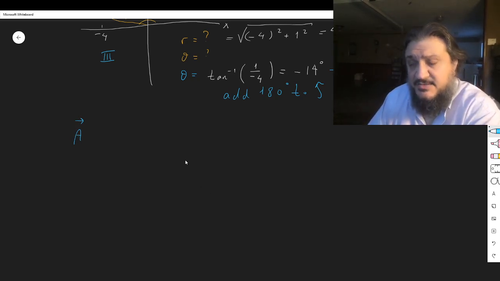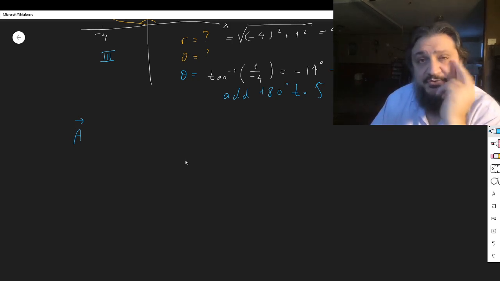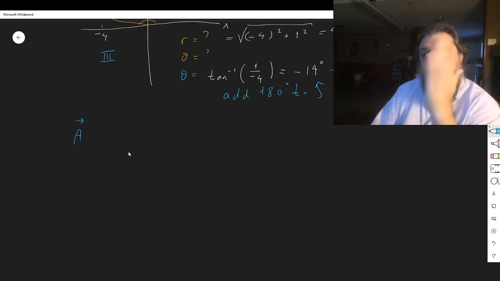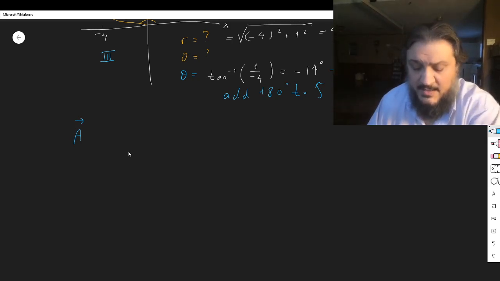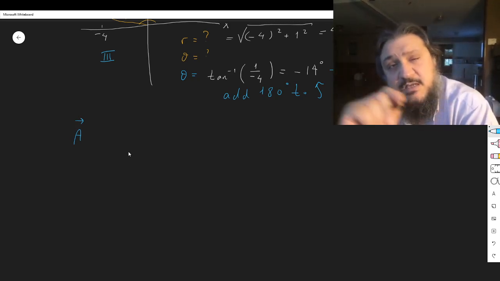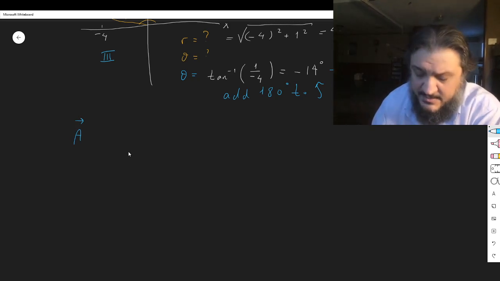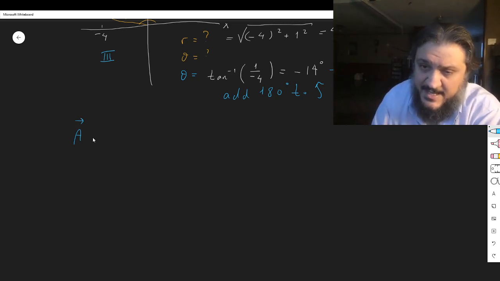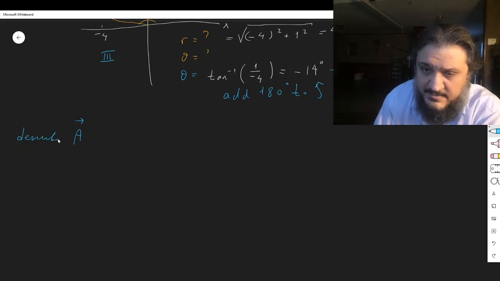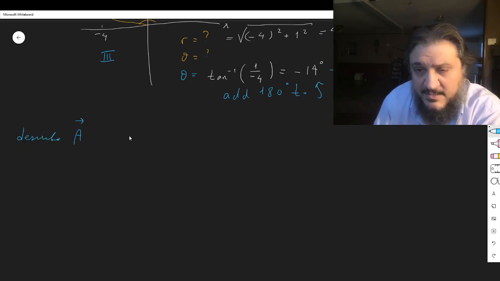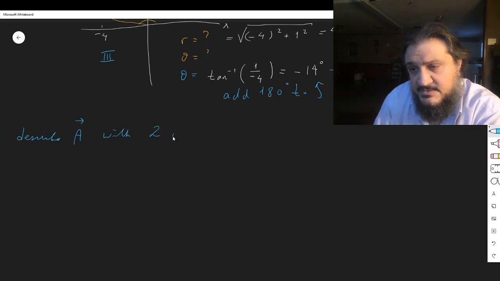Just like I needed two numbers in the Cartesian coordinates to describe a point P, if that point corresponds to the tip of my vector, I will need two numbers to describe my vector. So determine A with two numbers.